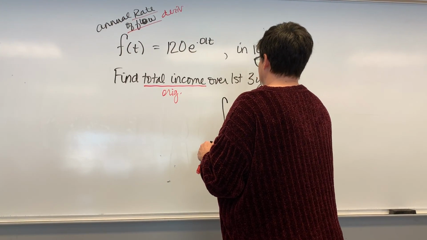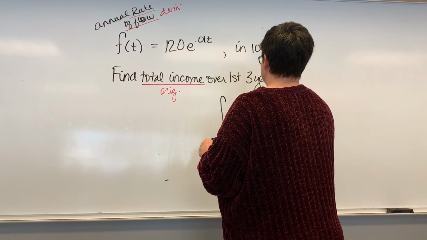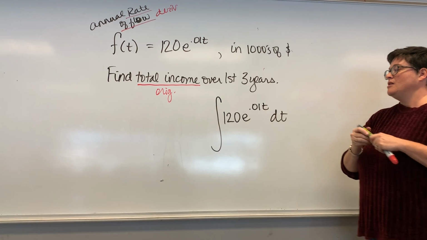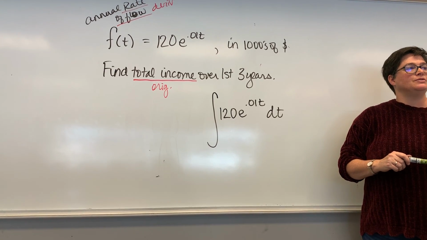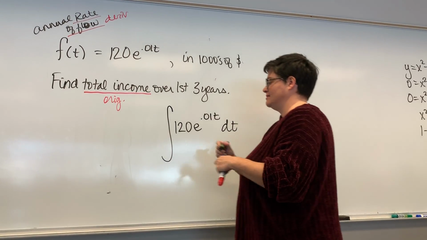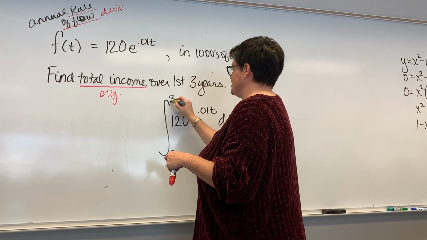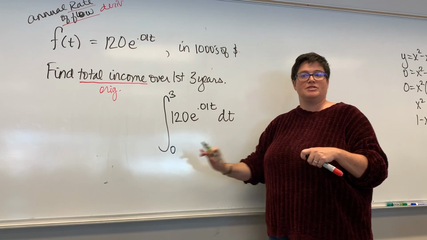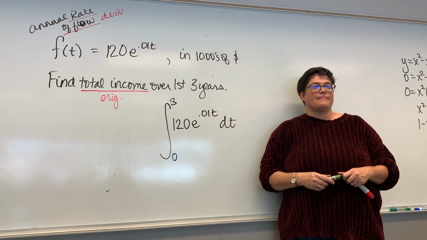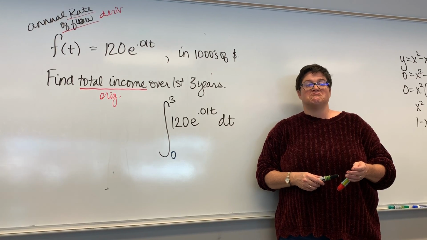What am I integrating? 120 e to the 0.01 t with respect to t. Where am I going from and where am I going to? 0 to 3, over the first 3 years. So we're starting at time 0 and going out to 3 years. Everyone cool with that?